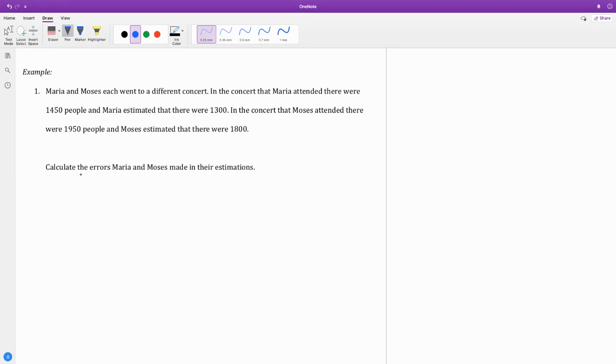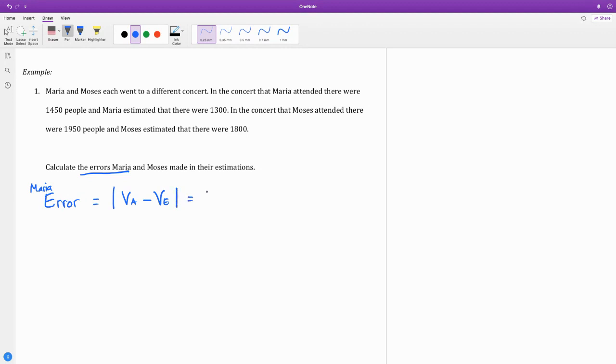Let's calculate the error that Maria made in her estimation. Error equals the absolute value of VA minus VE.